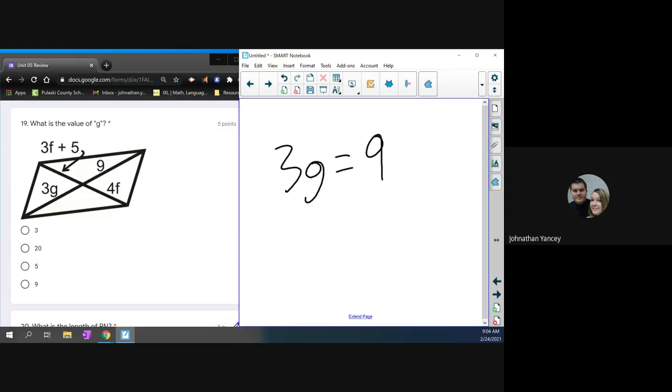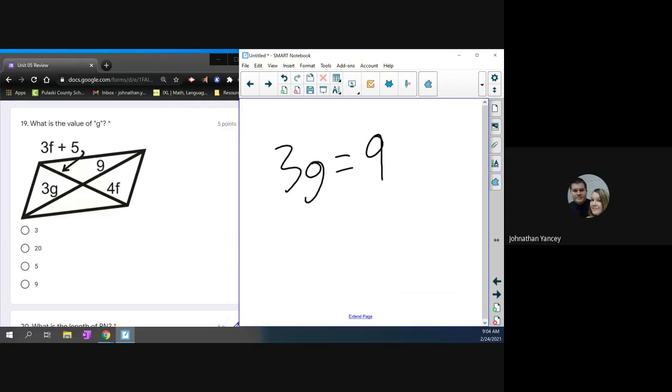Well, if I have 3G equals 9, how do I solve for G? Okay, by what? Divide by what? So this is 3G, right?